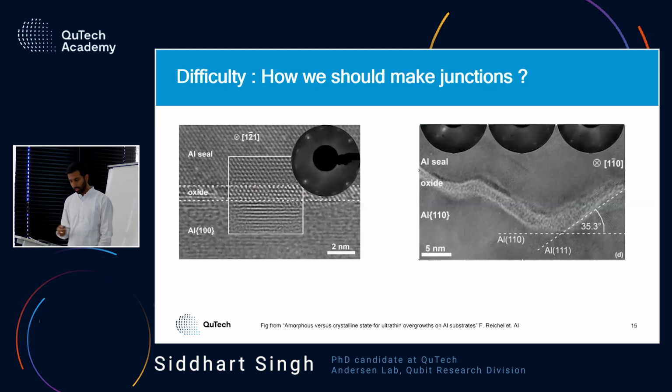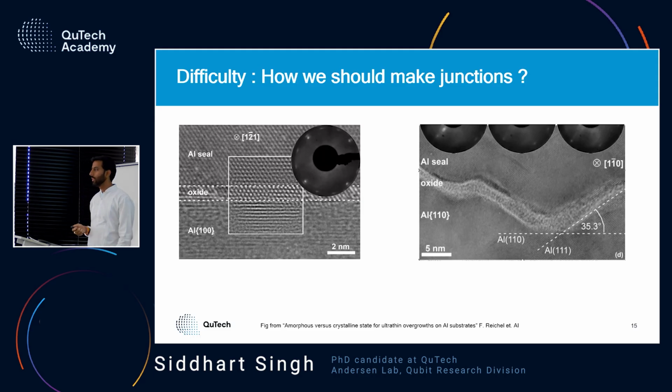So coming back to the difficulty in fabrication of these junctions, what happens is when you deposit aluminum layer by layer, your oxide can also grow in a layer by layer fashion. And then your aluminum on top also grows in a very crystalline way. So your interface is very clean, going from a crystal to another crystal, and then on top another crystal.